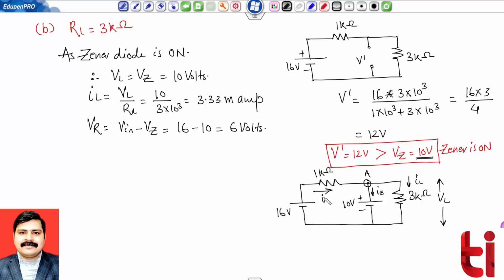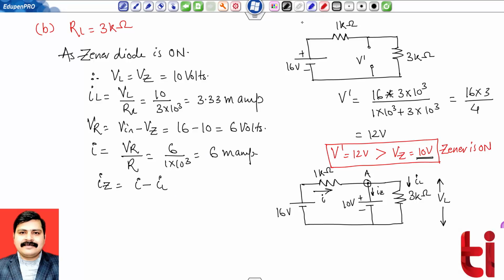Now I can also calculate the flow of this current I, and this current I will be VR divided by simply R. So it is 6 divided by 1 into 10 raised to power 3. That means this is my 6 milliampere. And now I have to calculate the value of IZ. So my IZ will be equal to simply I minus IL.